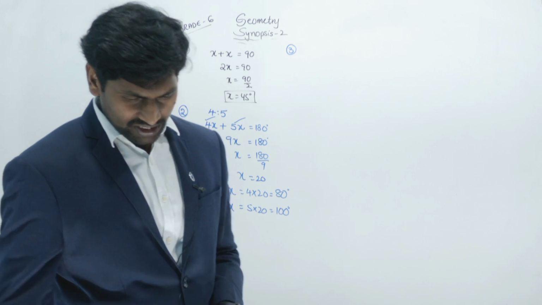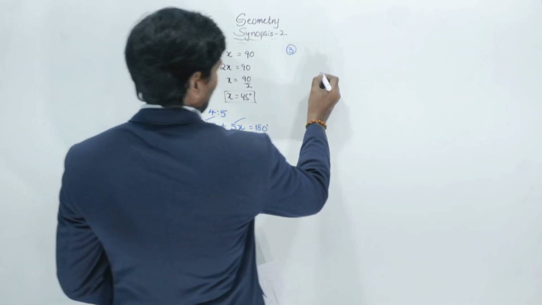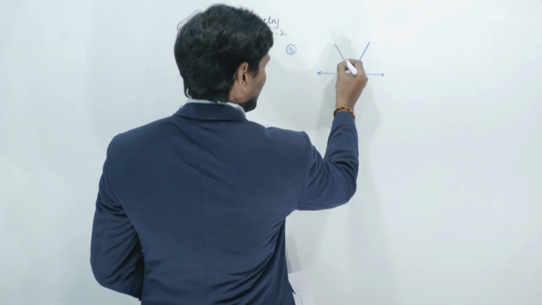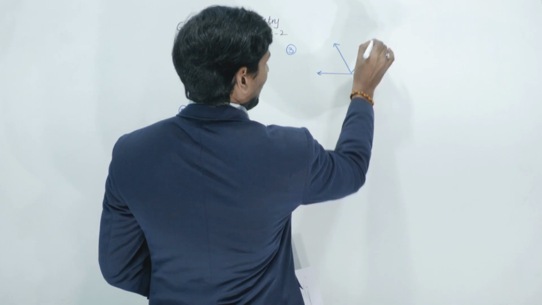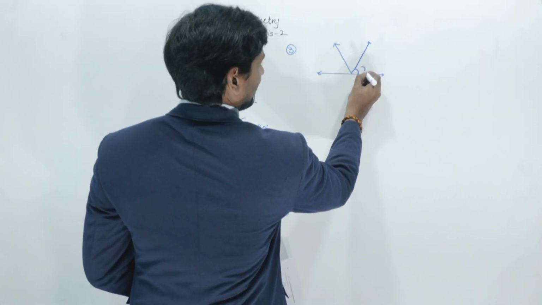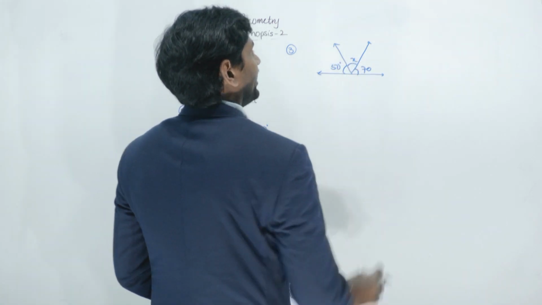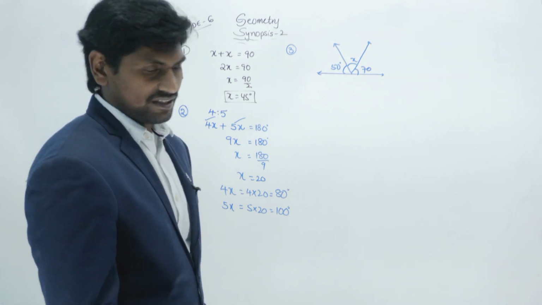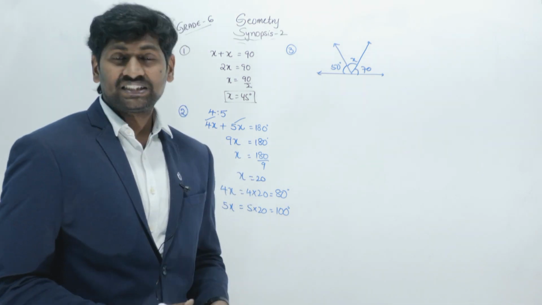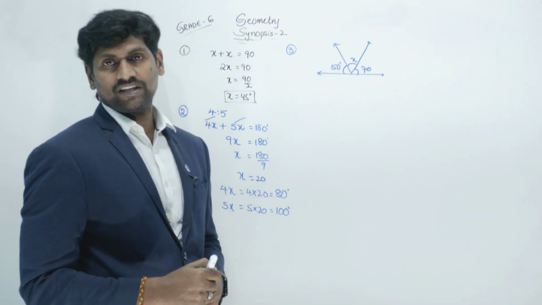The third problem is given with a diagram. It indicates a straight line, and here three angles appear in this diagram. Here 70 degrees, here x, and this is 50 degrees. We need to find the value of x. While you are observing these three angles, when you add these three angles, one straight line is forming.